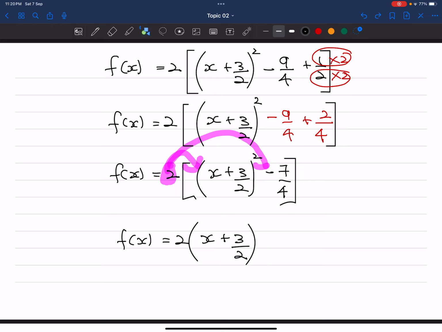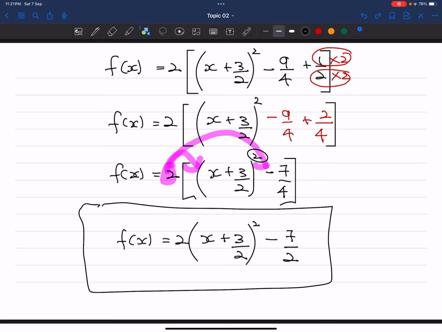Don't forget the square, minus 2 times 7 over 4. So the 2 and 4 I can cancel. We are left with minus 7 over 2. We have completed the square for the quadratic function.